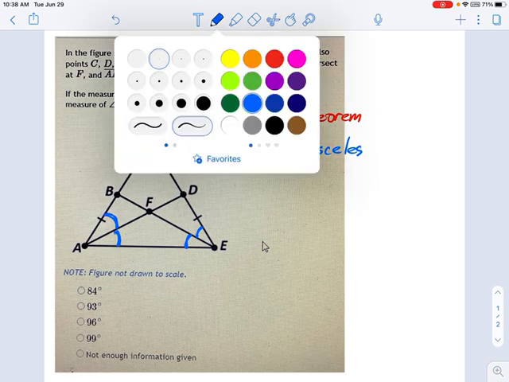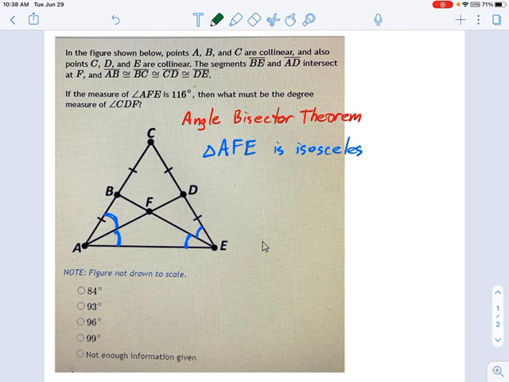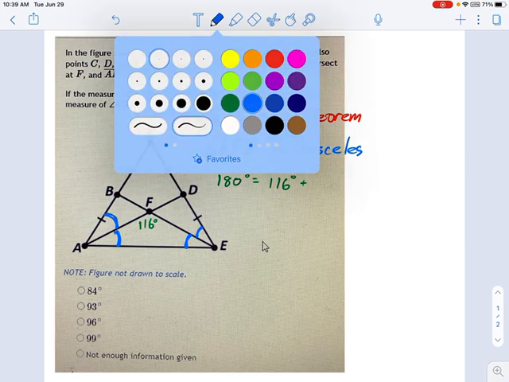Okay, so there's still one piece of information I haven't talked about yet, which is that angle AFE is 116 degrees. That's this right here. So if we have an isosceles triangle and angle AFE is 116, we know that 180 degrees equals angle AFE, that's 116 degrees, plus these little blue angles in here, which are equal to each other.